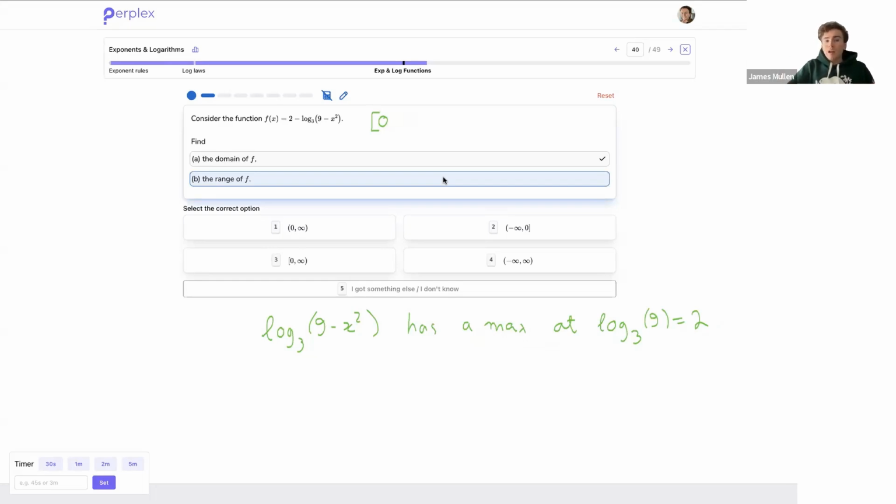And what's the maximum? Well, log base 3 of 9 minus x squared can be arbitrarily small. If I do log base 3 of 9 minus 2.99 squared, you can type that on your calculator. I'm going to do it just to give you an accurate number.